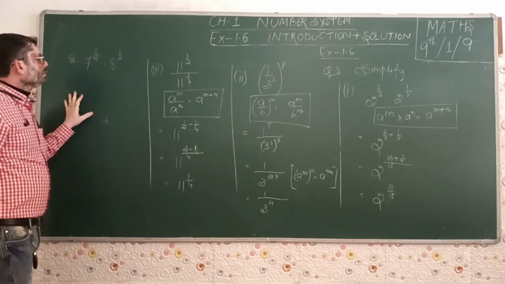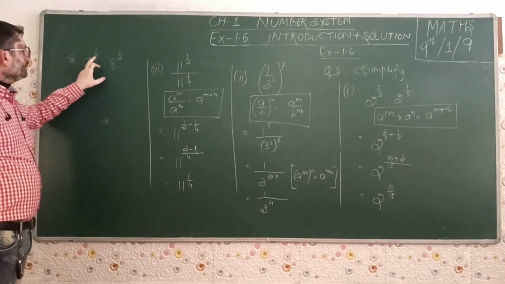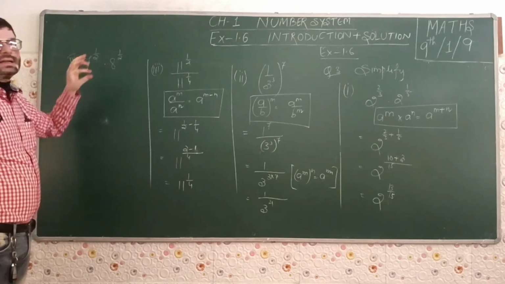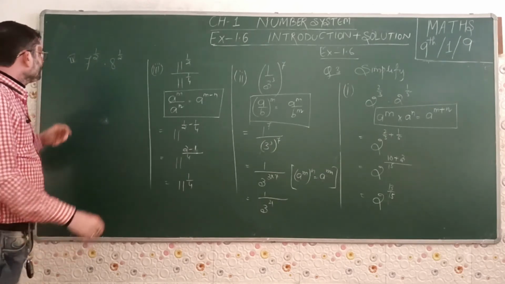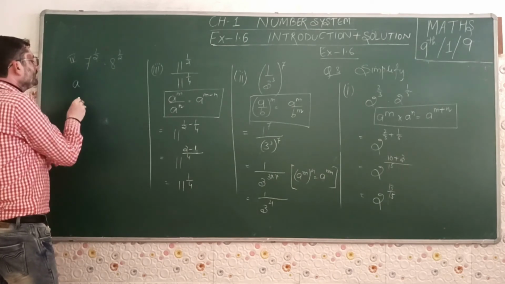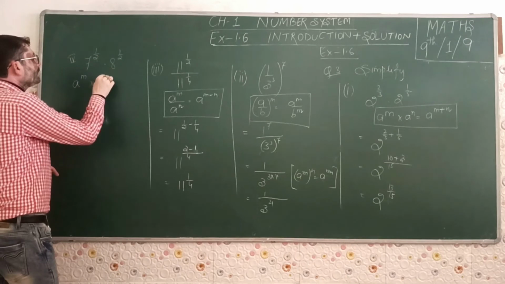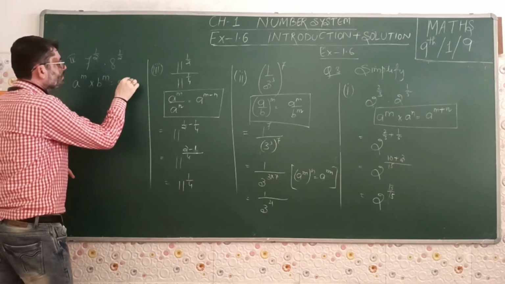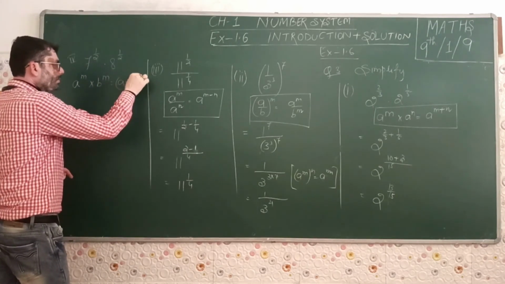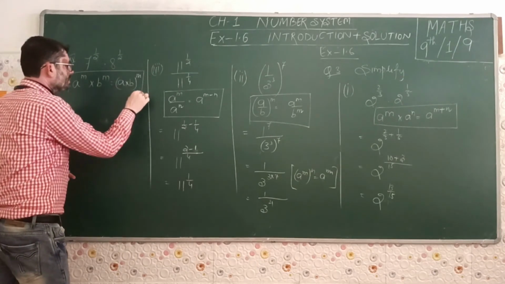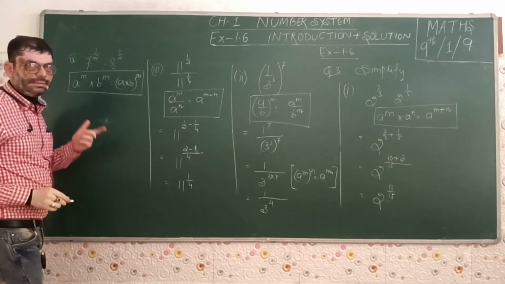Moving on to bit 4, this is 7 to the power 1 by 2 into 8 to the power 1 by 2. If you observe, the powers are the same but the bases are different. That means we will have to apply the law a to the power m into b to the power m is actually (a into b) whole to the power m. This was the law that we have dealt with. We apply this law because they have the same power and different bases.